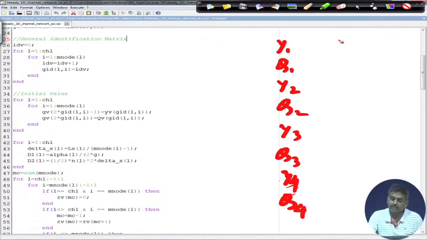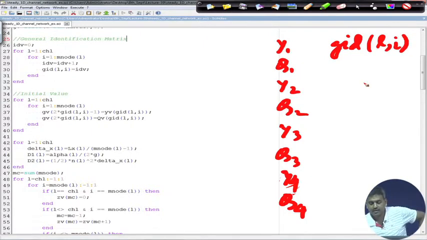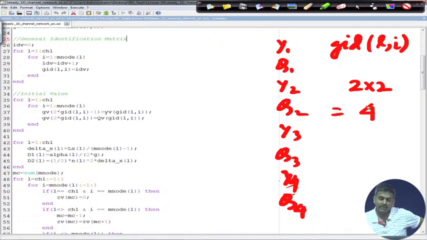So, if my GID for L I for any arbitrary section is 2, if GID equals to 2, that means 2 into GID is 4. That means I am considering the fourth term here. So, what is my fourth term? Fourth term is Q2.